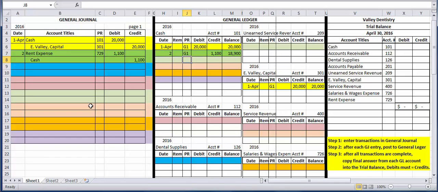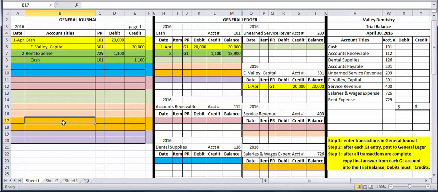We want to always have positive balances in these accounts. So I credited cash for 1,100. Opposites subtract. That's why I subtracted. My new balance is 18,900. I now need to take the account number 101 and cross-reference back to my journal. And that transaction is now completed.